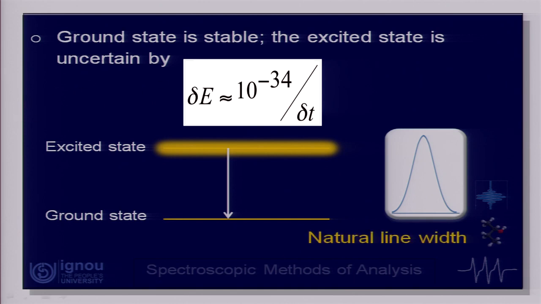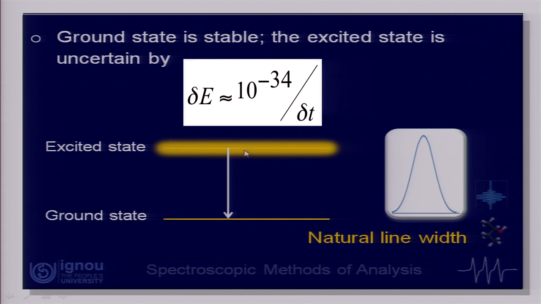That means the energy of the excited state becomes uncertain to the extent of h cross by delta tau. Now, if you look at the energy level expression, the ground state can be shown with a distinct energy, whereas the excited state becomes diffused. That means the energy of the excited state is uncertain to this extent.